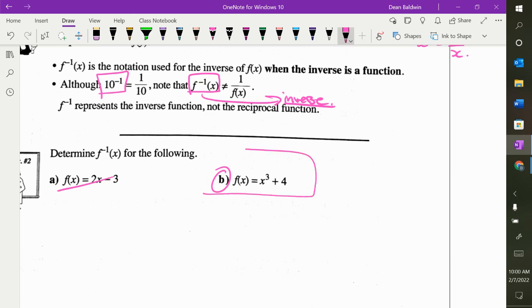Put the f of x, which is y. So f of x is the same as y. And then you switch the x and y values. So I get x is equal to y cubed plus 4. Now you've got to solve for y. So what do I do?